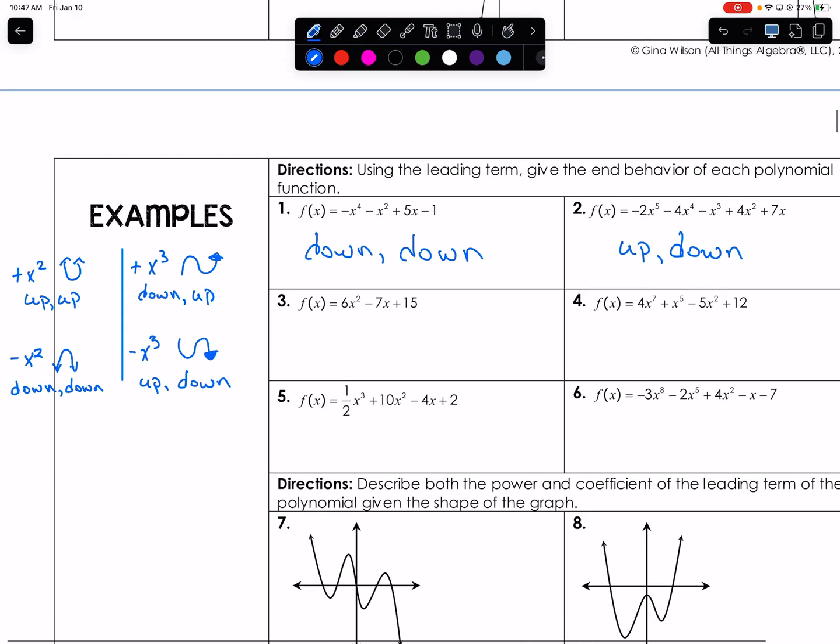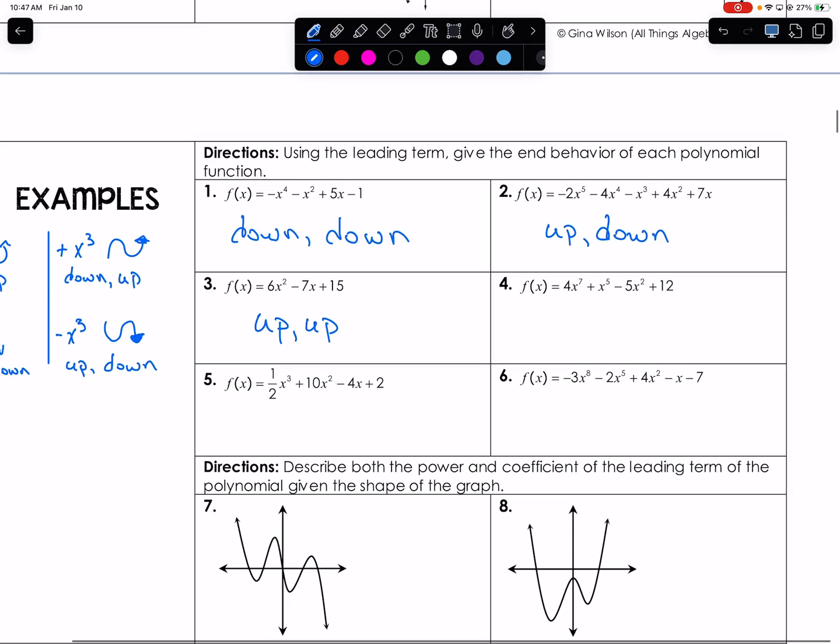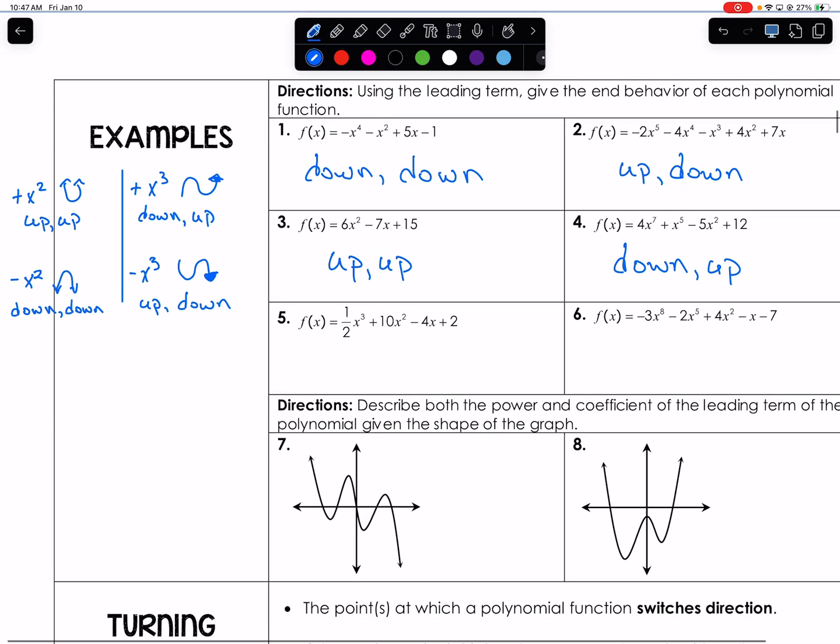Don't be lazy, do it. Don't be lame. And then I'll display my answers in a sec, and you can double check if you're right.